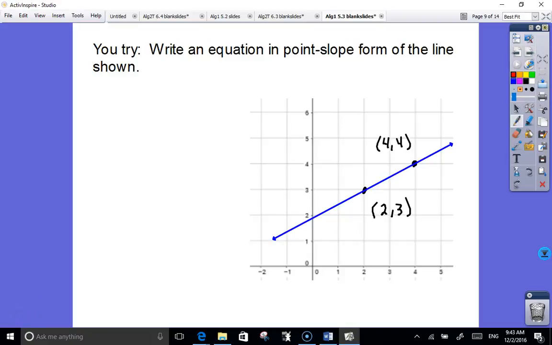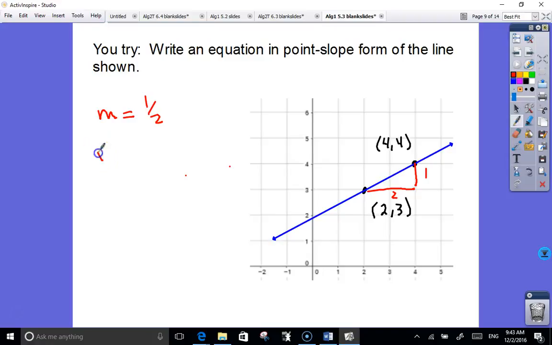Okay, what is the slope? 1, 2. Okay, so 1/2. It's positive, right? It's going up from left to right, so make sure that's right. And then use whichever point you want.